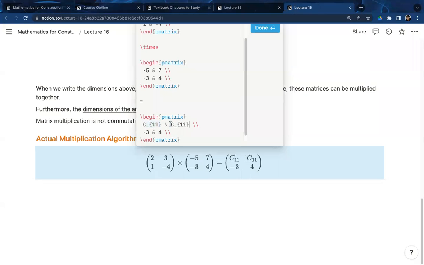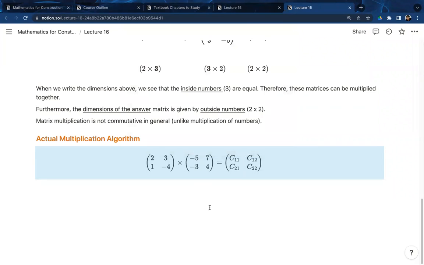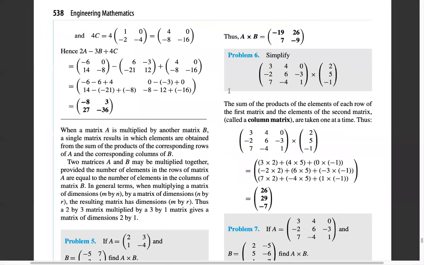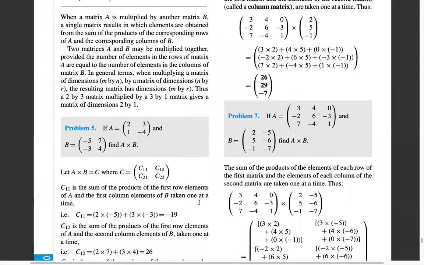So what they did is they represented the answer as unknown variables with subscripts. And you don't need to use the letter C, okay? They just use that here because the first two were A and B, right?